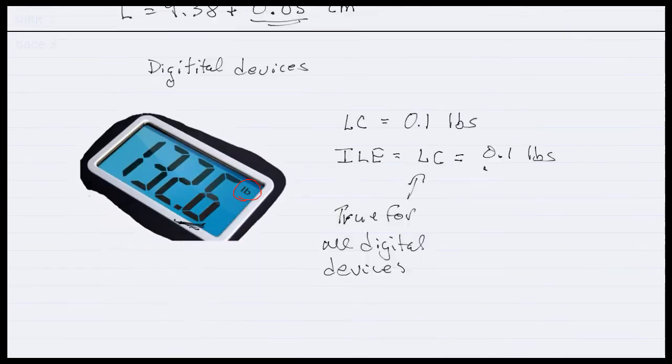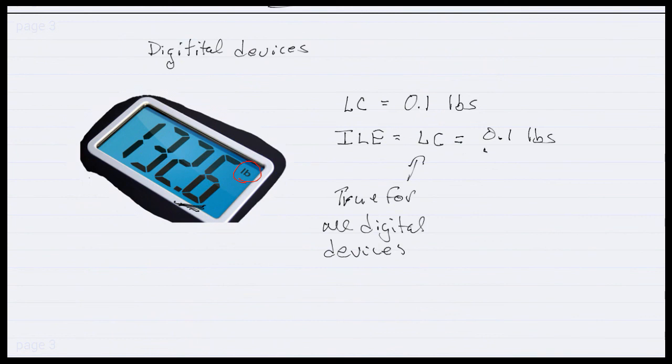And let's go back to our digital device here. So I can write the weight as 132.6 plus or minus what my ILE is, and in this case it's just 0.1 pounds.